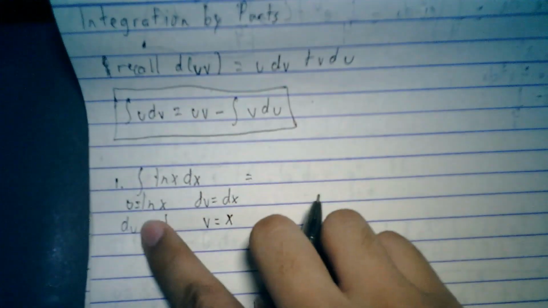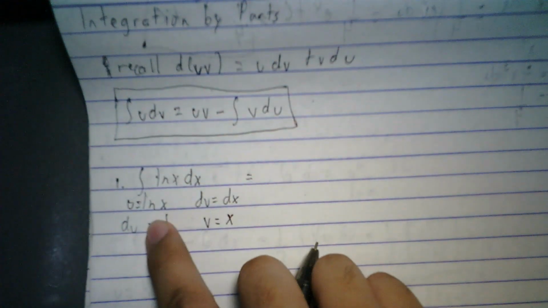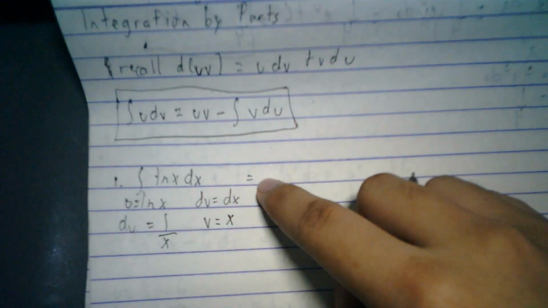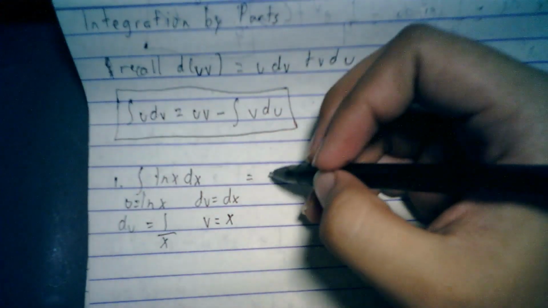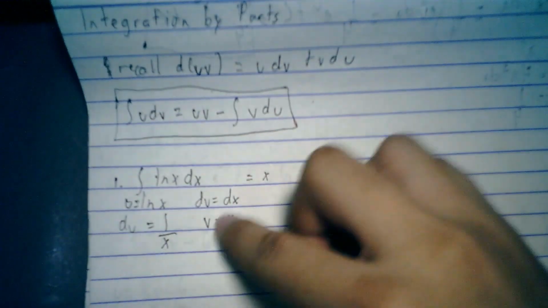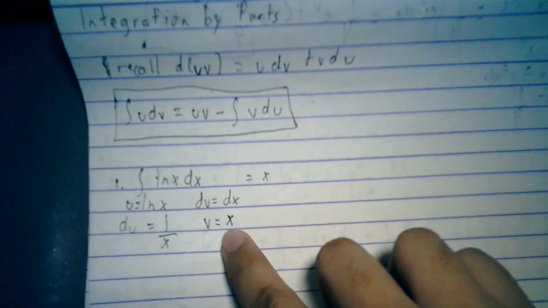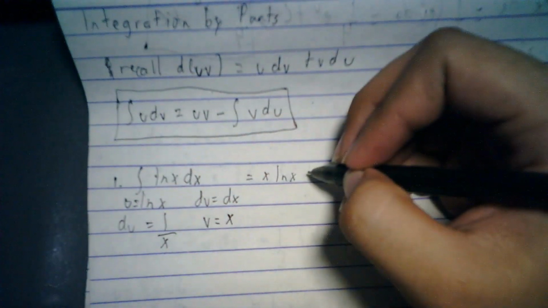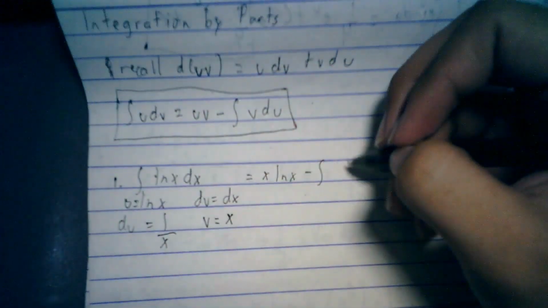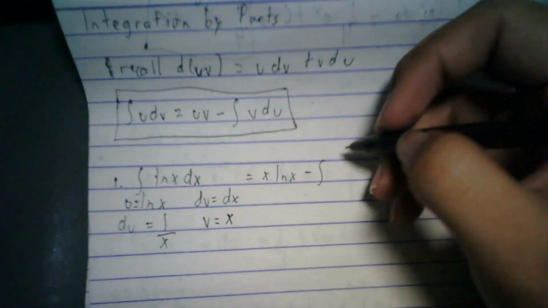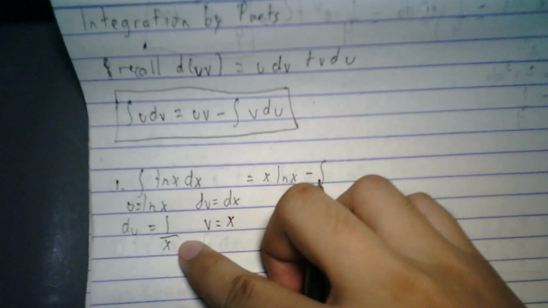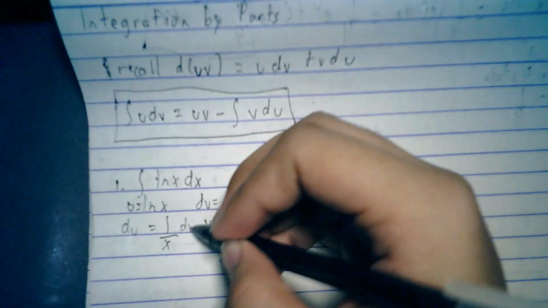U here is ln x and v here is x, so we make the equation x ln x minus the integral of v, which is x, times du, which is 1 over x dx.